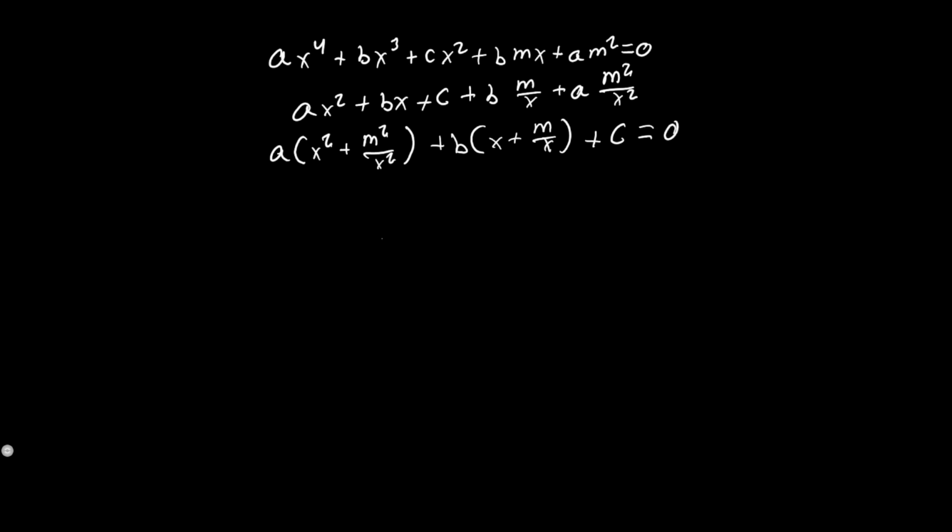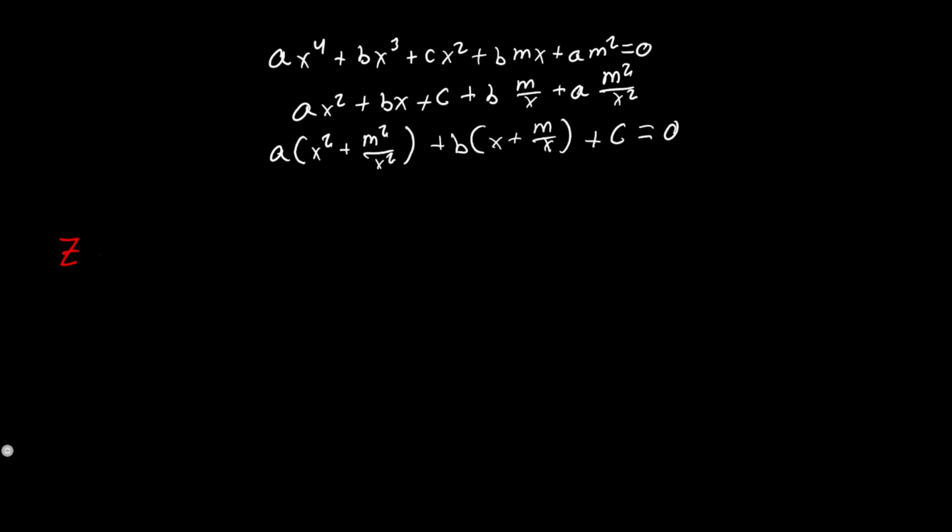So we have somehow made this equation almost into a quadratic that we know and could solve using the quadratic formula. But how do we have the inside be a variable like x or y or z? For that, we would have to look at this term right here, x plus m over x, and we will have to make a substitution.